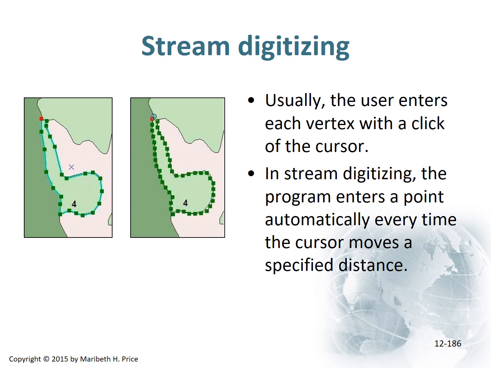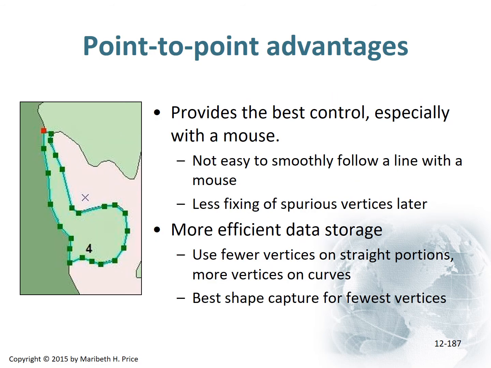Most people prefer the point-and-click method. That's the point-to-point advantage. That's where you just go around and you click wherever it stops. It's more efficient, doesn't store as much data, it tends to work a lot easier. Problem is, you really need something more robust than that, because these data volumes can get pretty large.